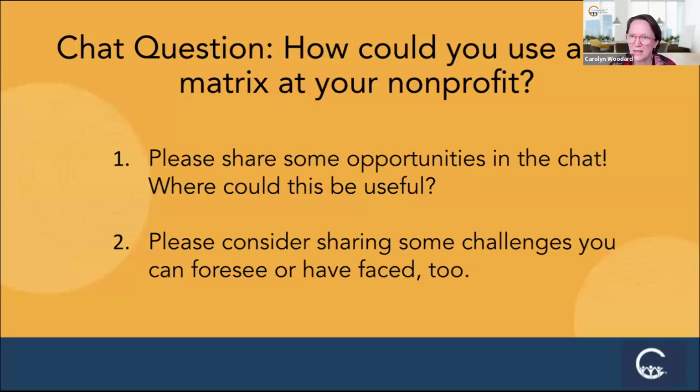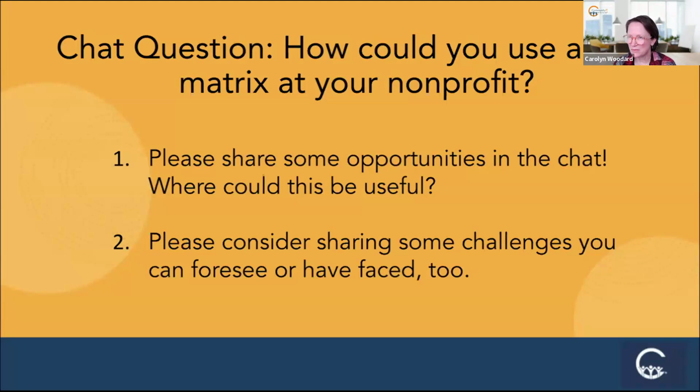There we go. So this is the chat question. Some opportunities where this could be useful. If this presentation is getting you thinking about some things, we want to help people share with each other some ideas of where you could see using this, or some challenges that you could foresee, maybe with your team or the way your organization works.